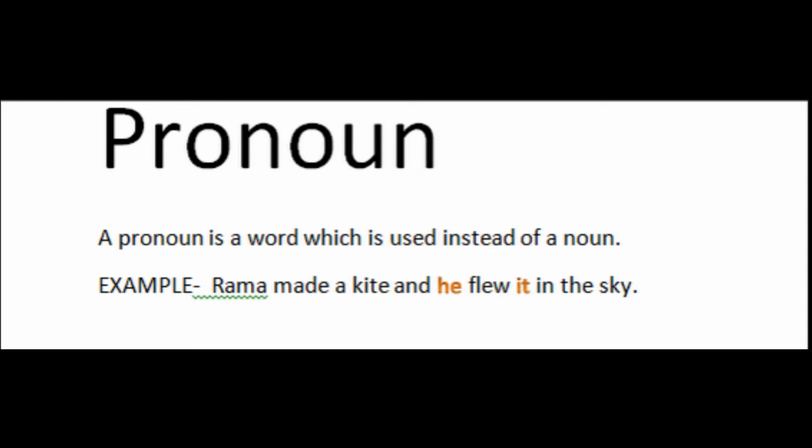Rama made a kite. So, kite and Rama are nouns. When you are introducing something in the first sentence, you have to mention the noun. Then, in the following sentences, while writing answers in a paragraph, you need not repeat the same noun again and again.